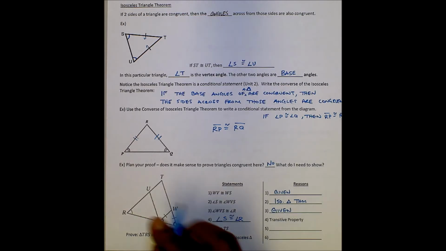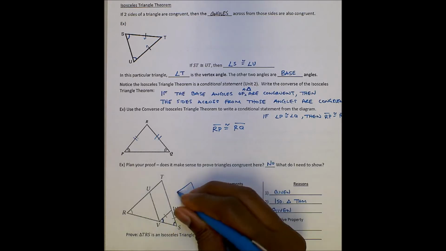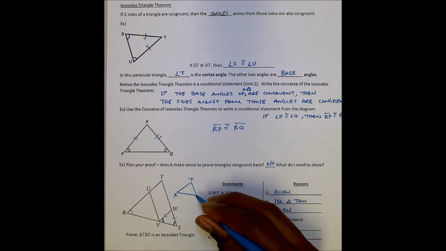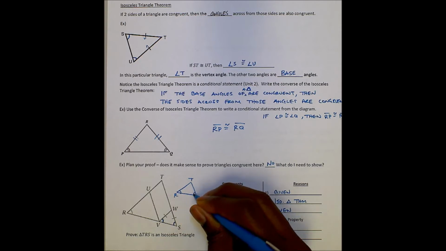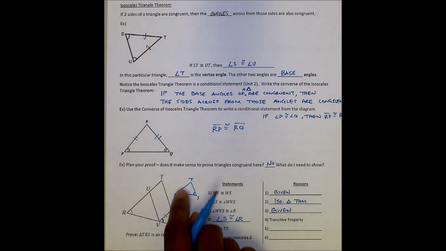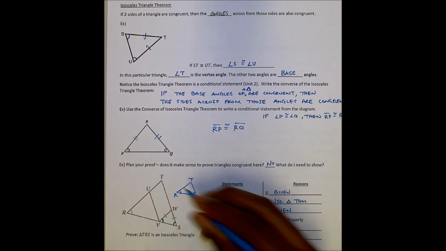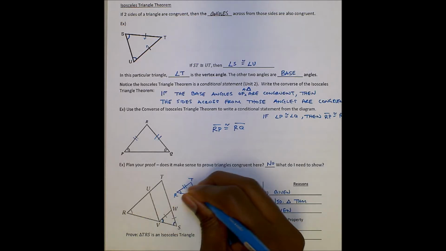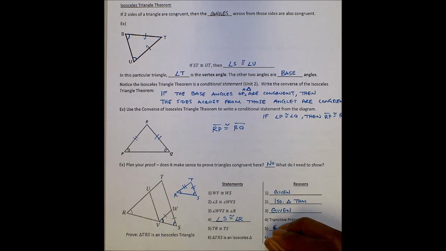If we look at this big triangle TRS, and I'm going to redraw it so you can see it more clearly, we marked S and R as congruent angles. The base angles of this triangle are congruent. So TR has to be congruent to TS because of the converse of the isosceles triangle theorem.